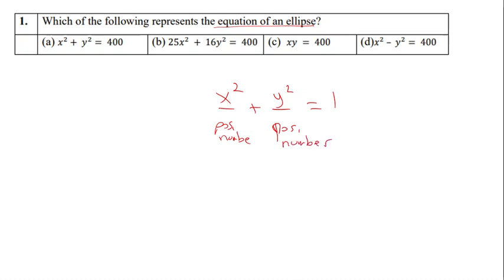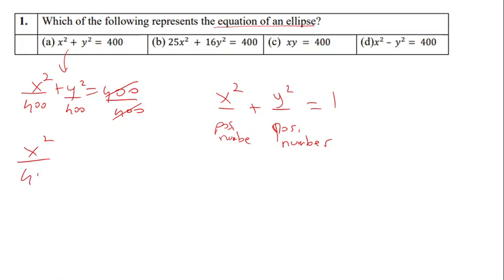Here, for example, we will try to change them to an ellipse equation. So this is x squared plus y squared equal to 400. When we divide by 400, we will get this one. So this one looks like an ellipse.